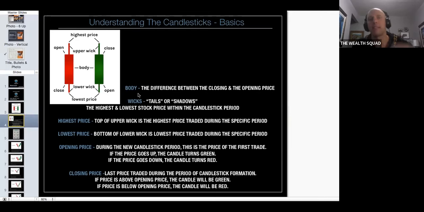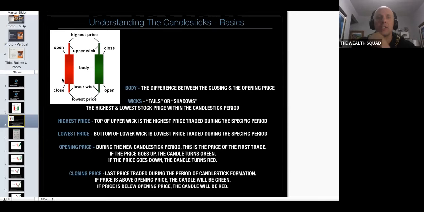So the body is the difference between the closing price and the opening price, whatever that may be, right? So that whole body, however big or small it is, is the difference between those two prices. And then your wicks on the high side and the low side, they're called tails, they're called shadows, whatever you want to call them, wicks.